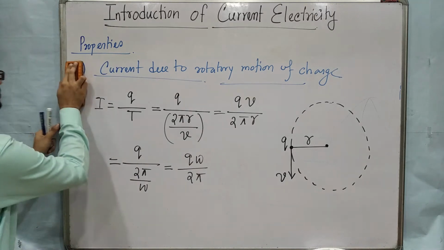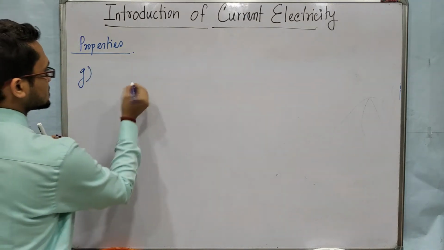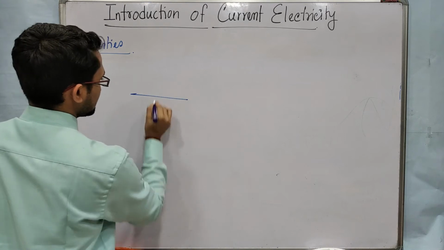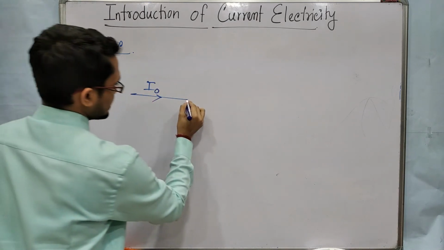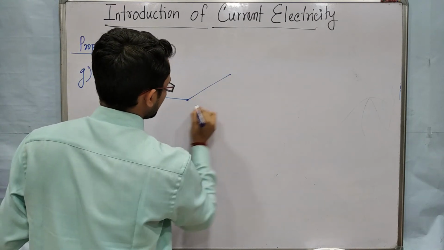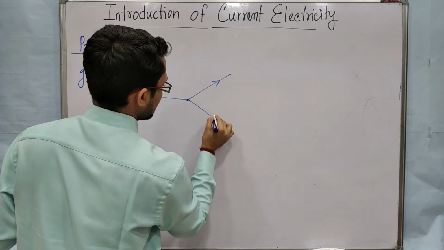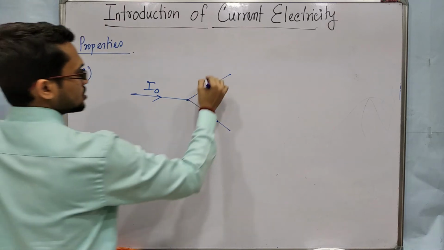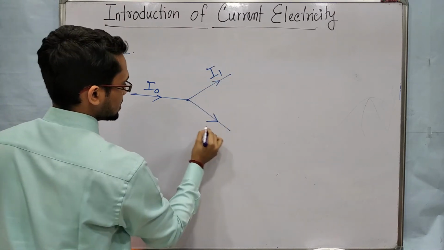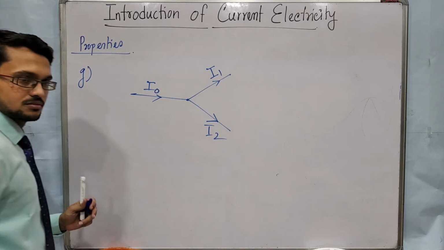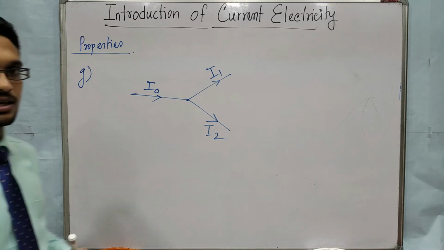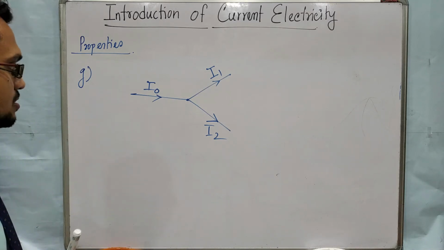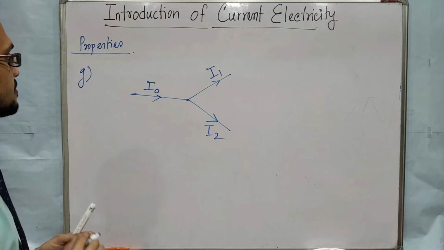Next point, suppose current is flowing through this wire, say I0. Now at this point I have joined two wires like this, so current will flow. The current flowing through this wire is I1 and through this wire is I2. We know that current is only a scalar quantity, it is not a vector quantity, so we will not use vector addition, subtraction, multiplication here.